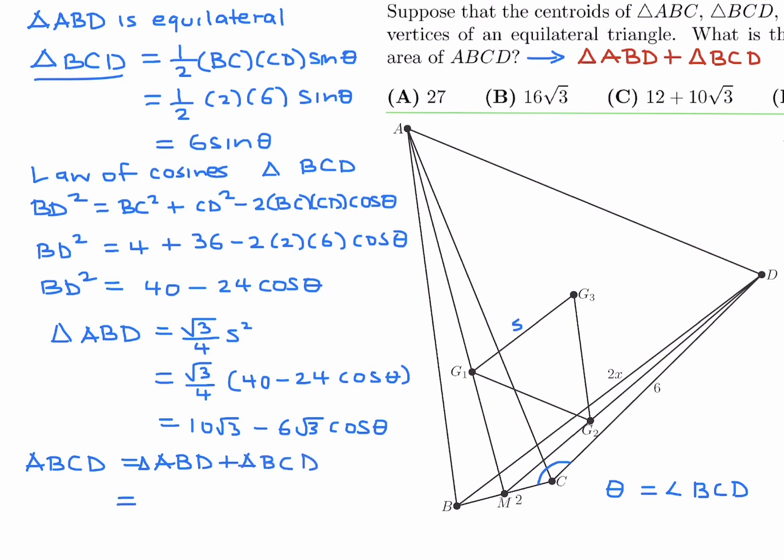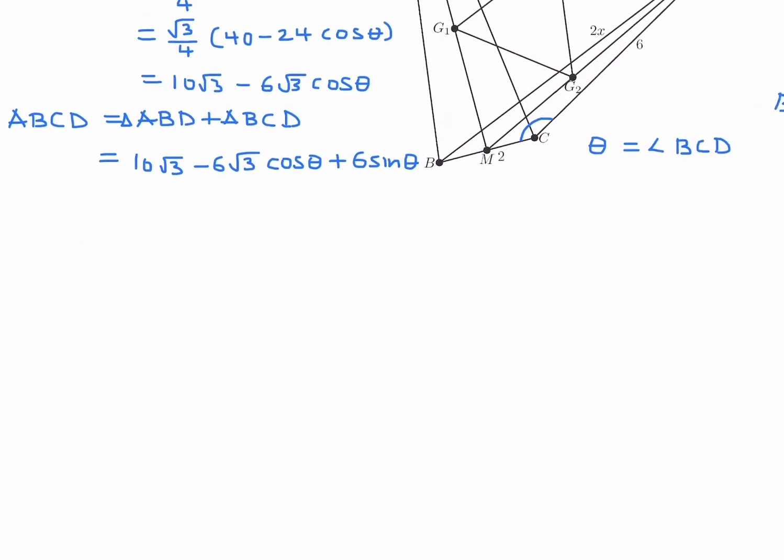And we have ABD as 10 root 3 minus 6 root 3 cos theta. And BCD we have up here as 6 sine theta. Well, it would be great if I knew the numerical value for theta, but unfortunately I don't. So somehow I've got to figure out what this is equal to.